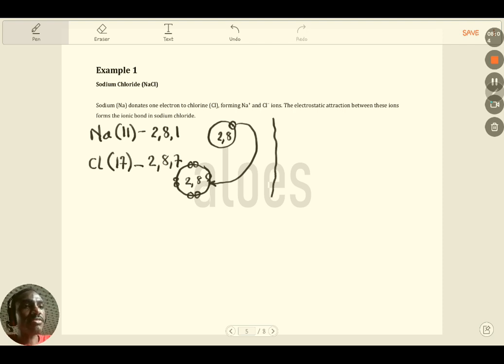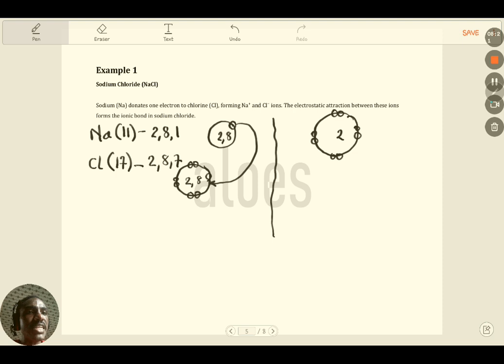And let's look at the final result of this combination. We'll realize that at the end of the day, sodium will now be left with 2, 8, a complete 8 in the outermost shell. Do you see?